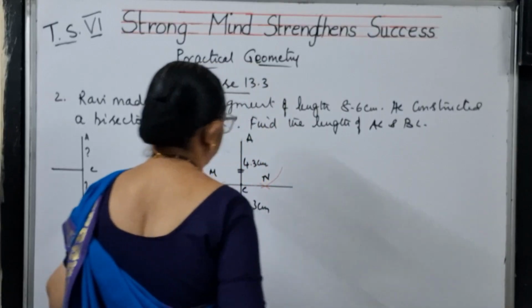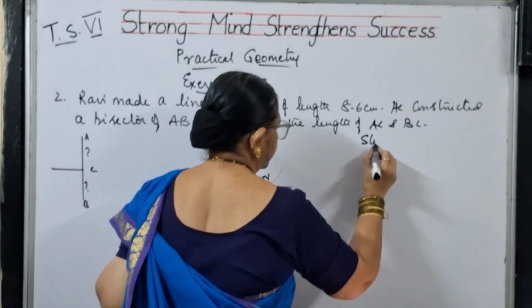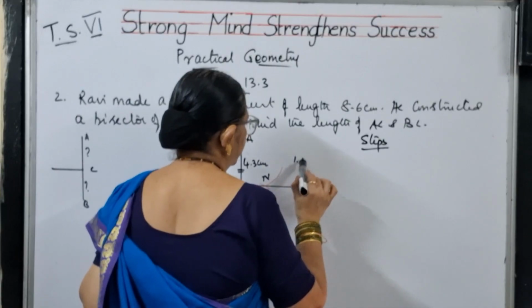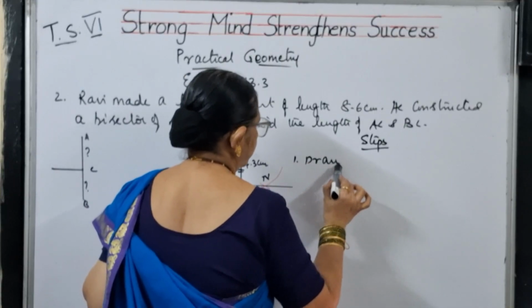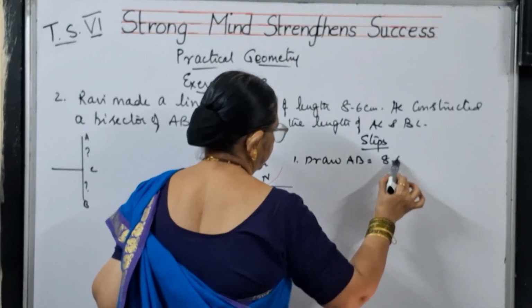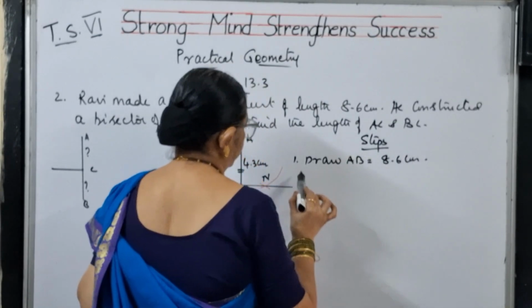So if you are writing the steps of construction, what did you do? First, you have to draw AB equal to 8.6 centimeters.